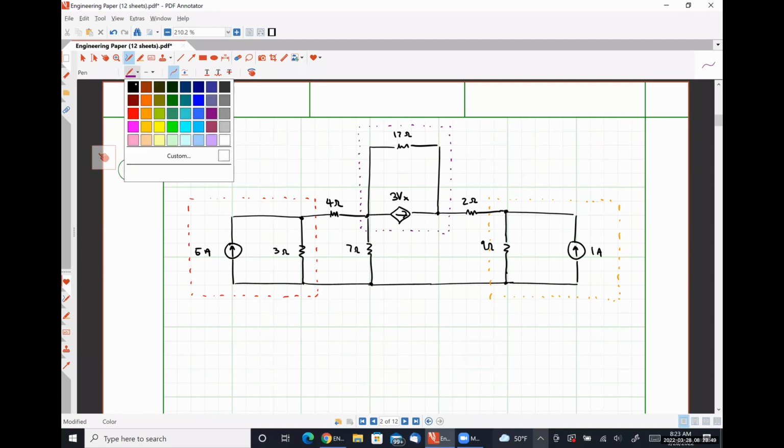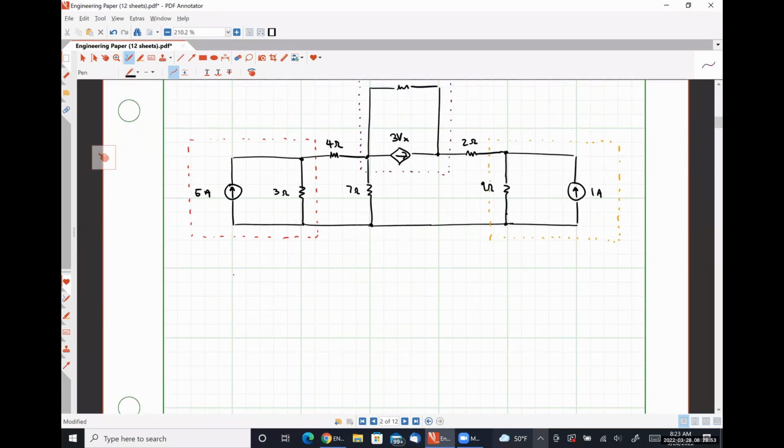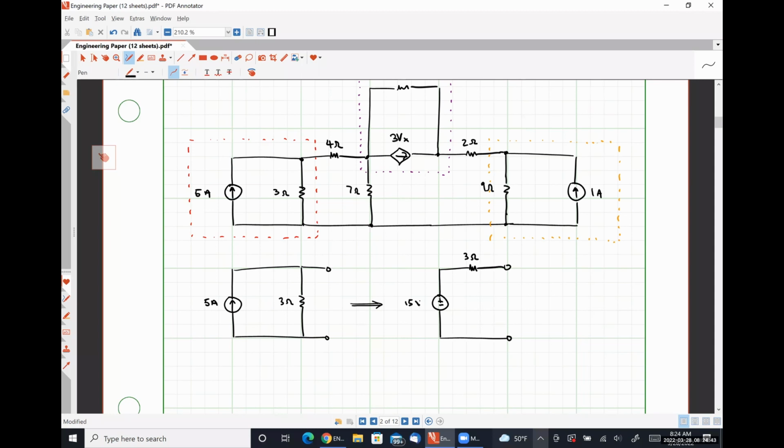Okay. If I have a 5 amp source in parallel with a 3 ohm resistor, this is electrically equivalent to a voltage source in series with that same 3 ohm resistor, where the value of the voltage source is simply 5 amps times 3 ohms, or 15 volts.